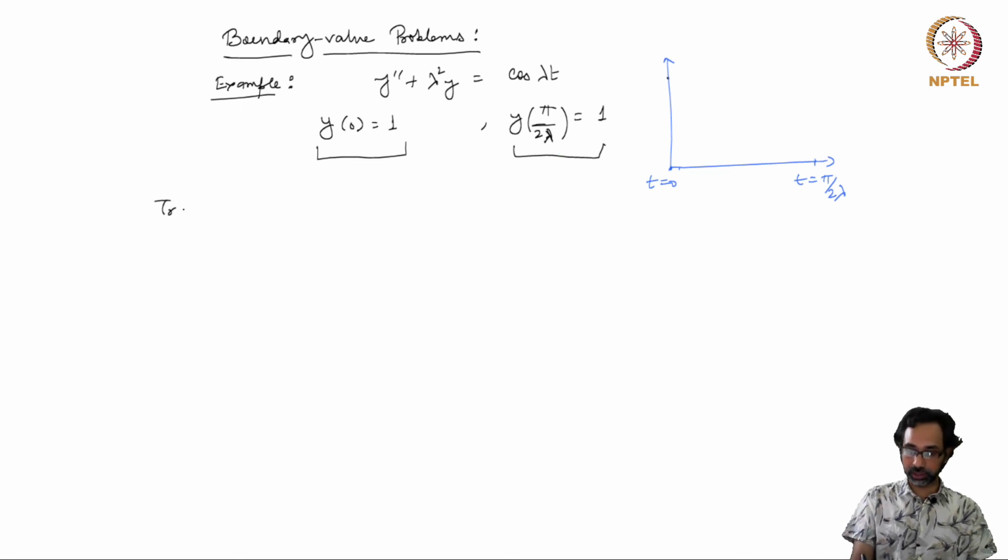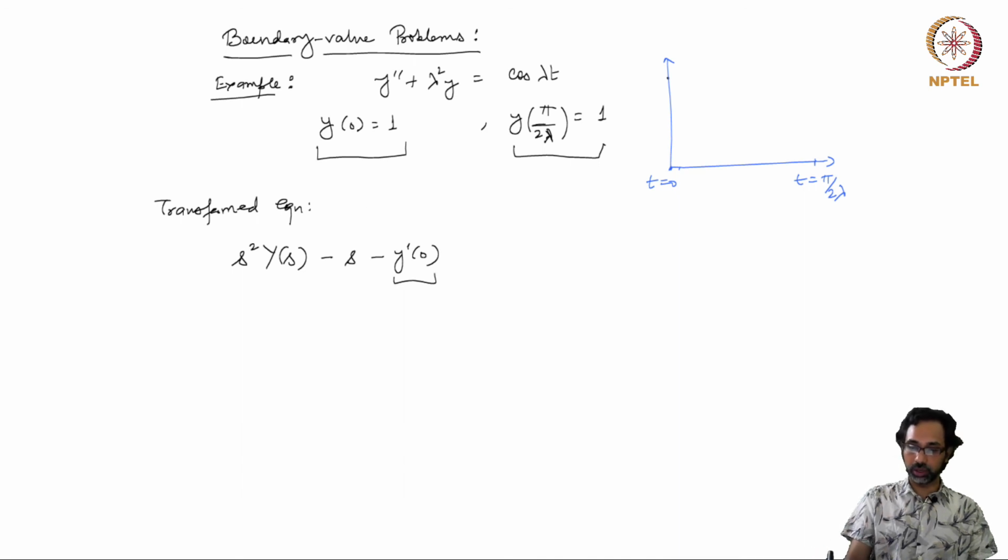So let's try to solve this. The transformed equation looks something like this. For the first term you have s square Y(s) minus s y(0), which is just 1, so just s, and then minus y prime(0).